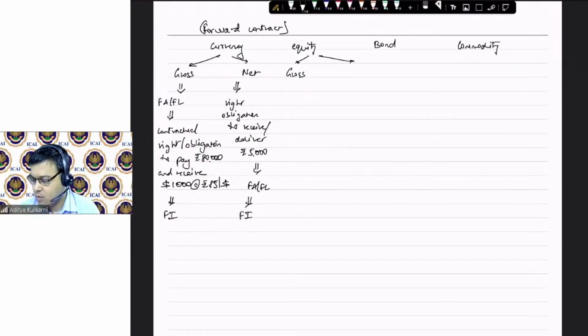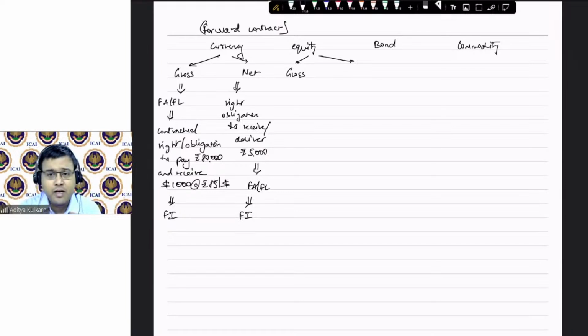Equity. Yes, that is right. Now you tell me, in gross settlement of a contract to buy equity, I have entered into a contract to purchase one share of Reliance Industries for rupees 2,500. The market price today is 3,000.